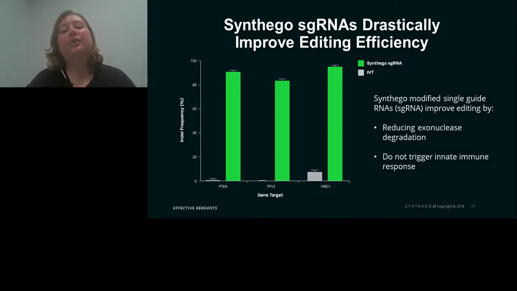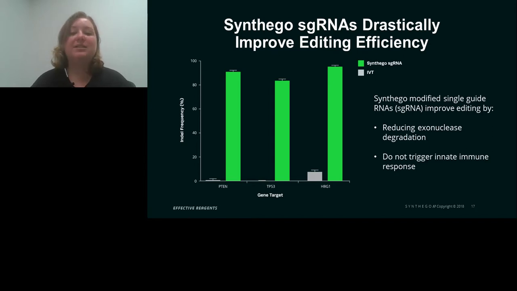The other thing that we can try to do is improve the reagents that we're actually using for CRISPR experiments. We at Synthego have pioneered a way of synthesizing synthetic, chemically modified single guide RNAs. These are chemically modified at the 5' and 3' ends of the guide itself, with the 3 bases at the 5' and 3' end.